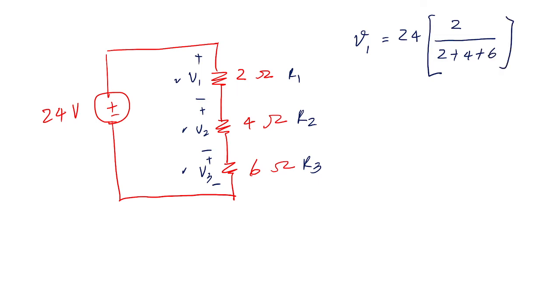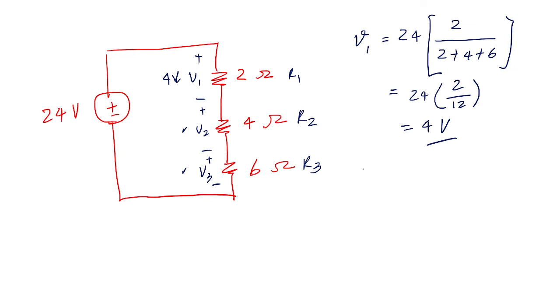We can compute V1 directly. 24 times 2 over 12 is 4 volt. We get V1 as 4 volt directly, without solving the circuit. We just apply the voltage divider rule to this circuit.